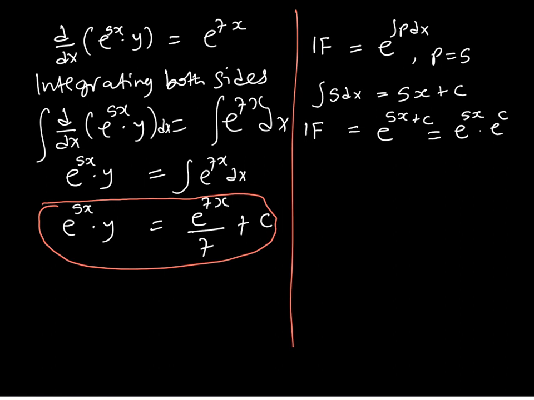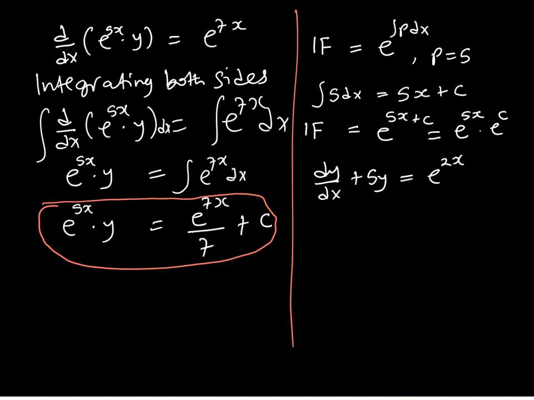Now, let's look at this step. Remember, we had dy by dx plus 5y equal to e to the 2x. So let's multiply through by the integrating factor with that constant of integration.